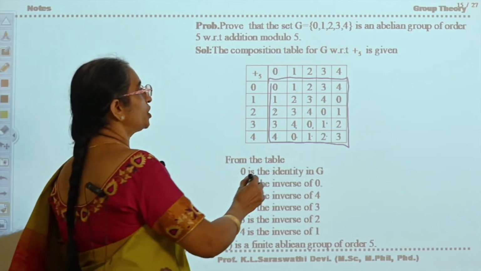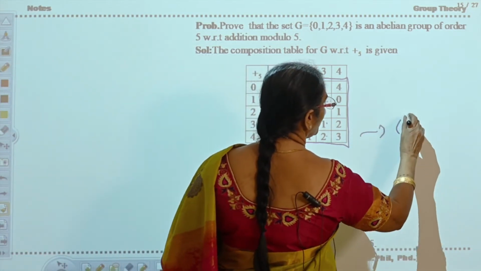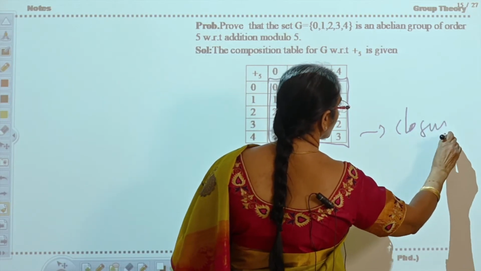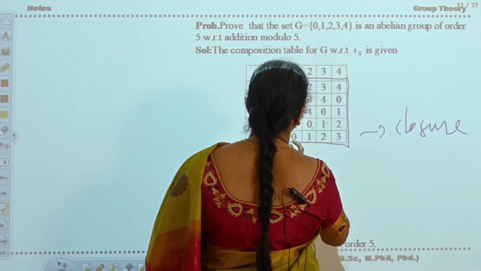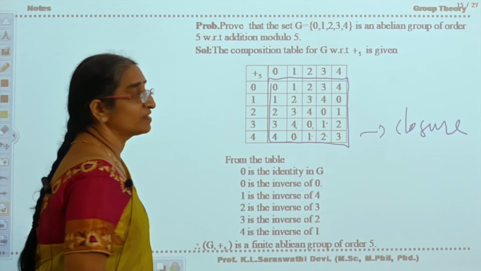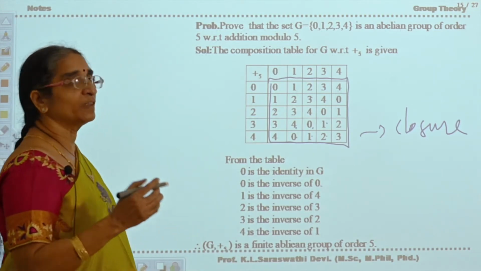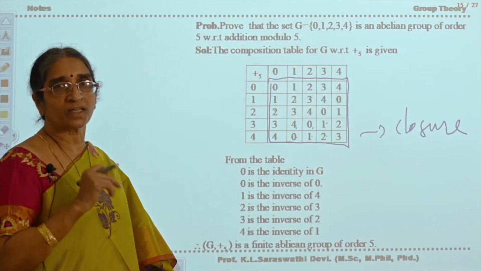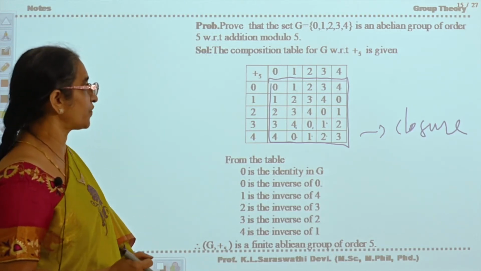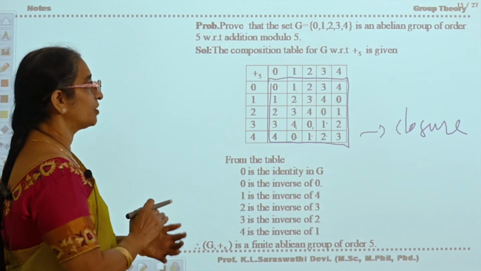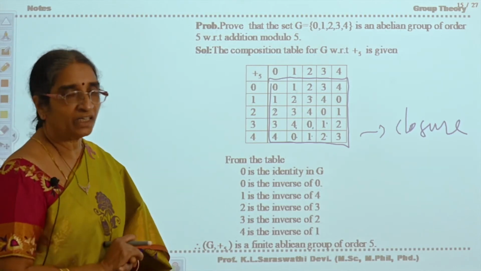Therefore, closure property is satisfied. When will you say that closure is satisfied? If all the entries of the body are in the set. See, in the first example, you have seen the same set with respect to addition, but closure is not satisfied. Here, closure is satisfied. Okay. After that, take associativity for granted.